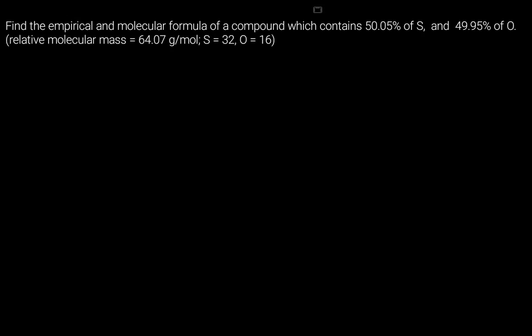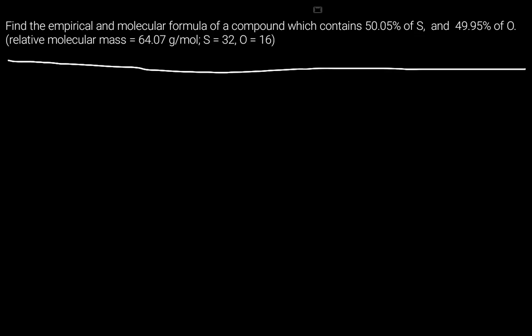Here it says: find the empirical and molecular formula of a compound which contains 50.05% of sulfur and 49.95% of oxygen, and the relative molecular mass of this compound is 64.07 gram per mole, while for the mass of sulfur we're going to use 32, and for oxygen 16. We solve the empirical formula first. We're going to assume we're dealing with 100 grams of this compound.